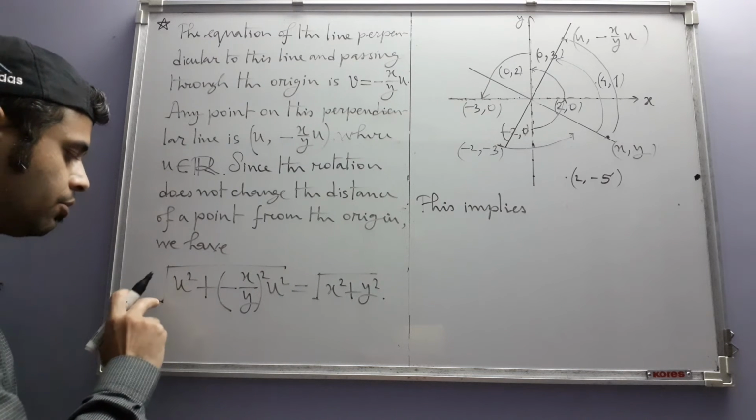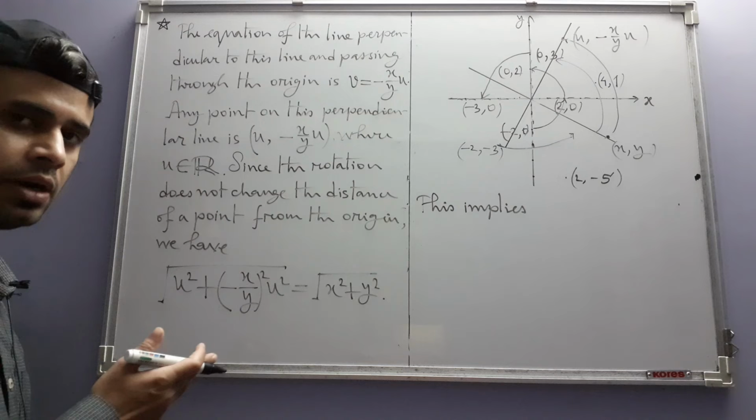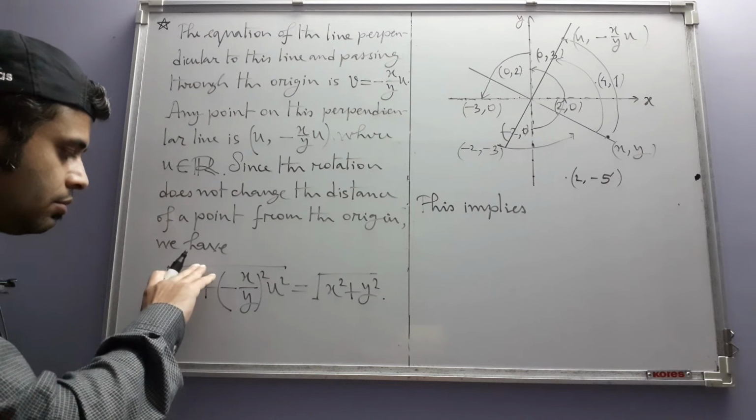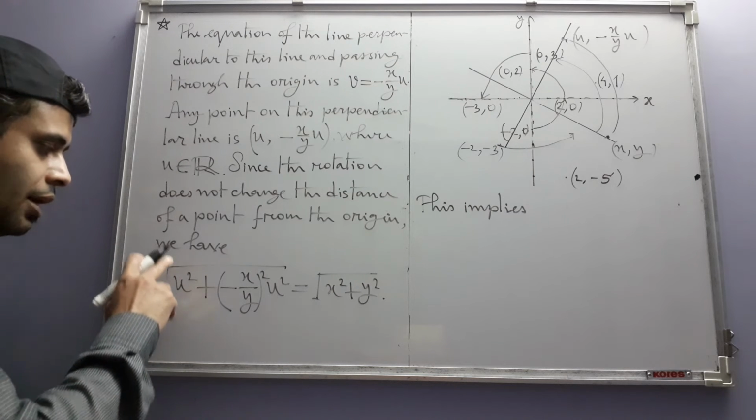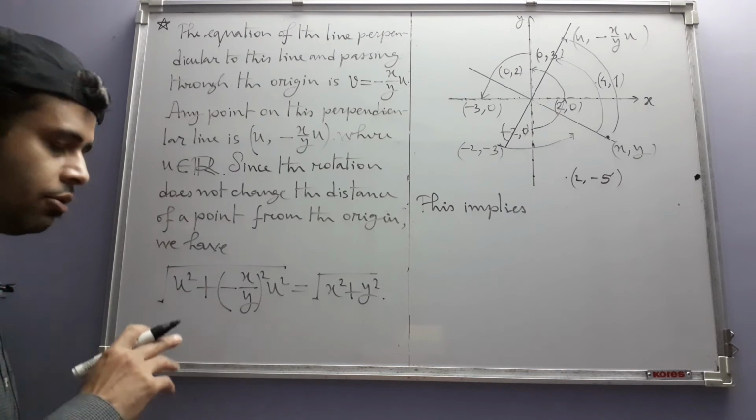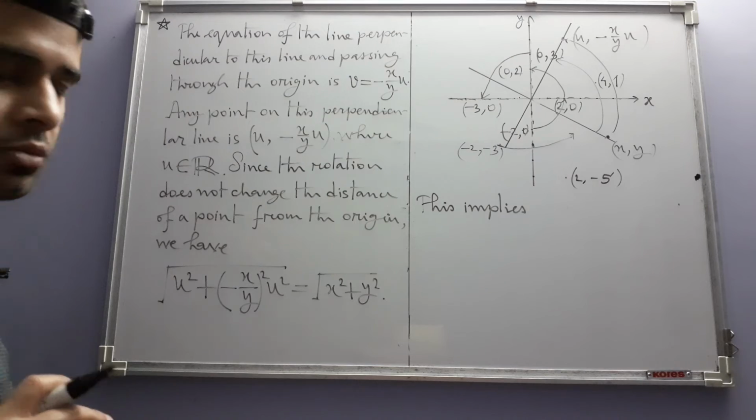Now, since we don't know the signs of u and y, if we remove the square root, because there is a square, we have to write not just u but the absolute value of u.